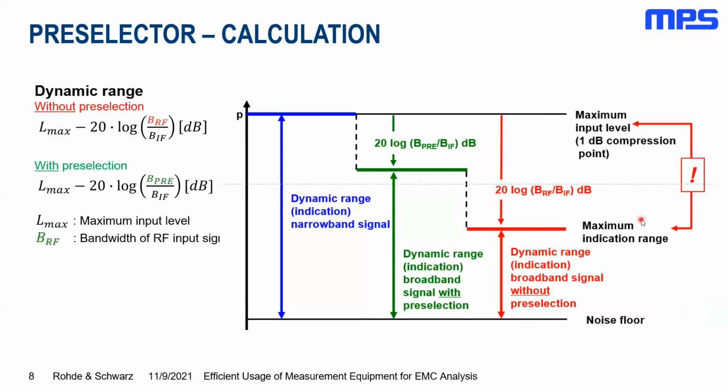For these calculations, if you'd like to do an estimation of your dynamic range, you could see there the dynamic range indication for a narrowband signal, the wideband with and without these additional preselectors, and you're seeing a significant increase for wideband disturbing signals.